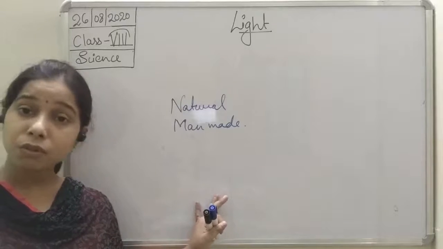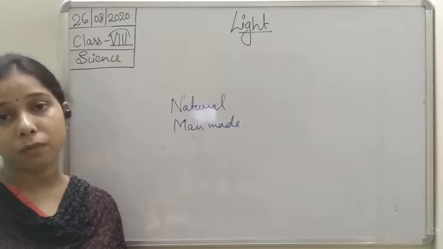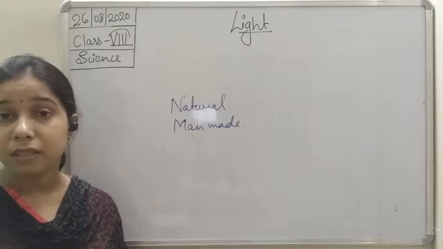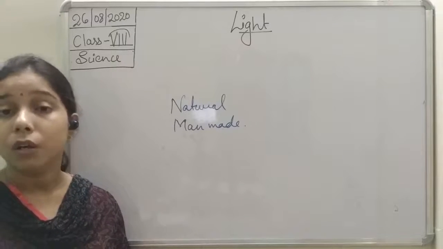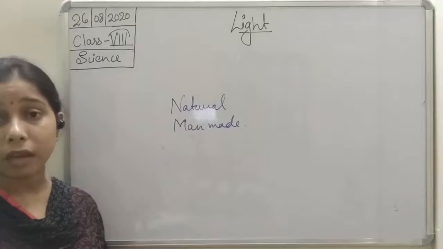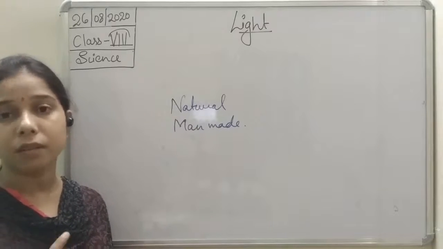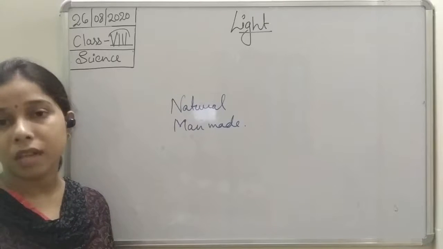Now, whether natural or man-made, there are two other types of objects. The first is luminous and the second is non-luminous. Luminous objects are those which can emit their own light. Non-luminous objects do not have their own light.